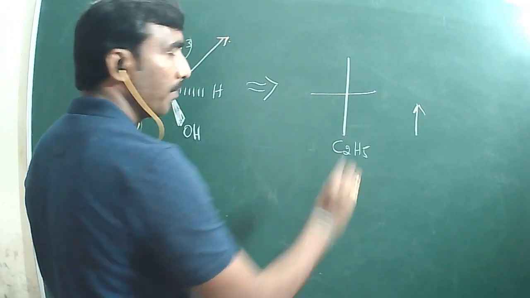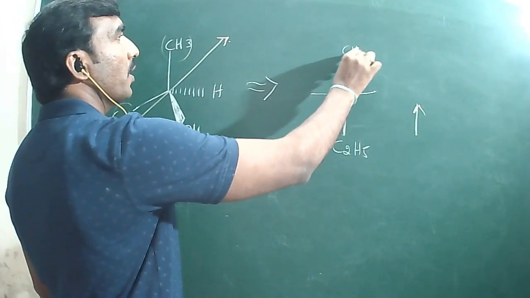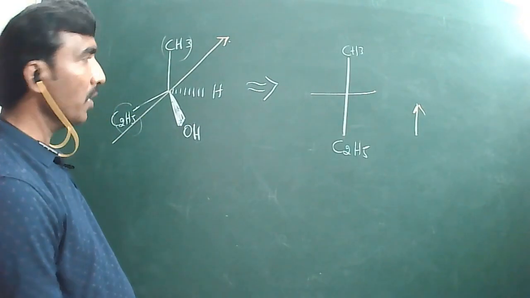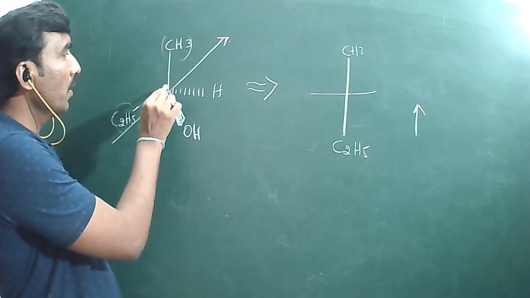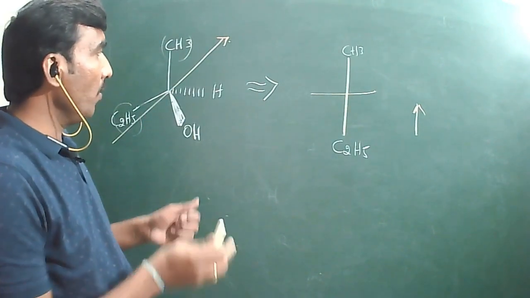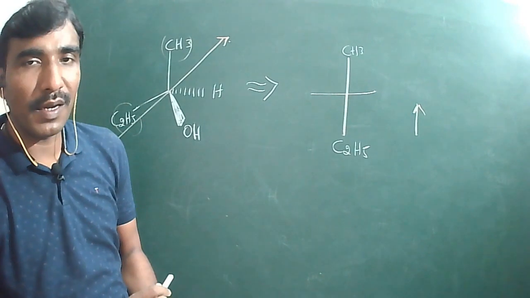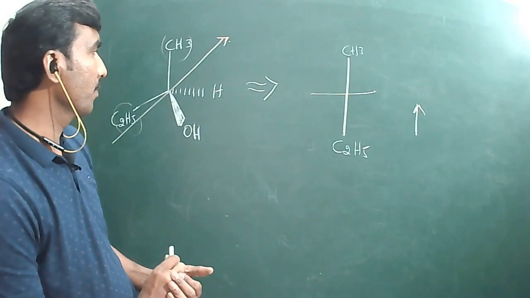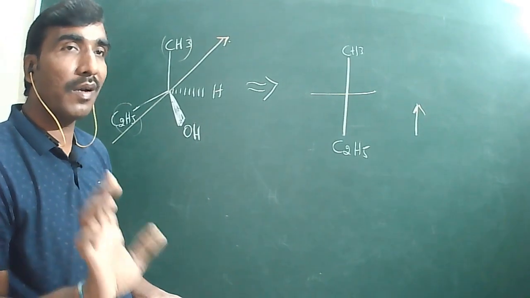C2H5. And where are you reaching? CH3. What is the middle stop at the chiral center? You have to stop. This is the middle stop, and at this stop, if you search for the dotted line, where do you find that dotted line? I am not asking which is on the dotted line.